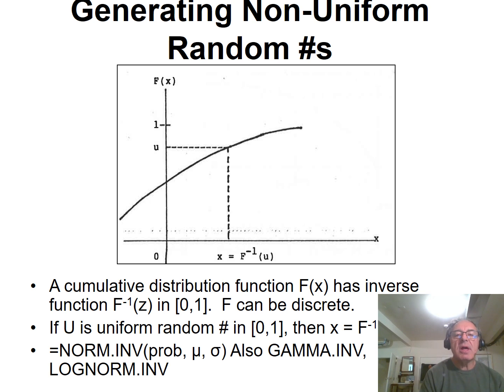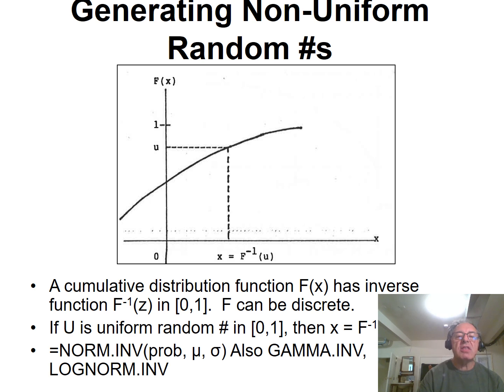In principle, how do you generate a non-uniform random number? If you have a probability distribution, lowercase f of x, you can always create its cumulative distribution, capital F of x, and the range of capital F will be between 0 and 1 because it's a cumulative distribution function.